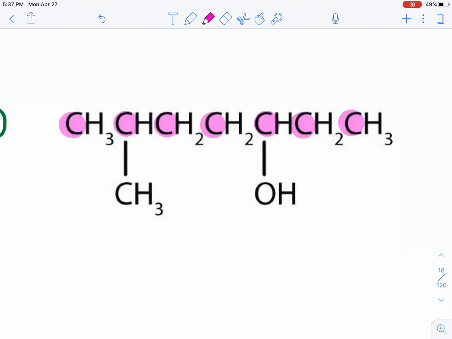And so it looks like 7 is my longest carbon chain. So I'm going to go ahead and write hept to represent the number 7, or heptane. And then I'm going to remove the E, and since I have an alcohol, I'm going to write OL. So this is heptanol.